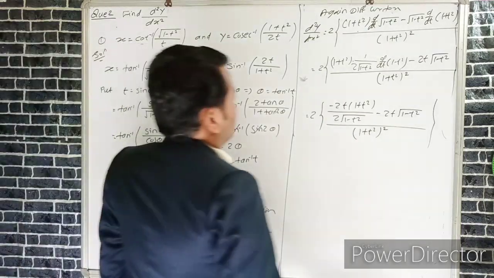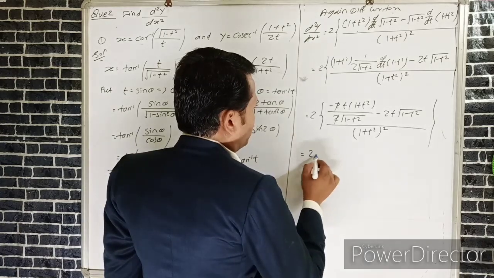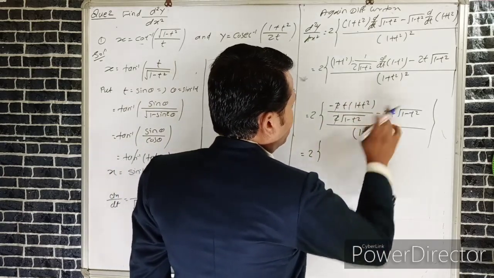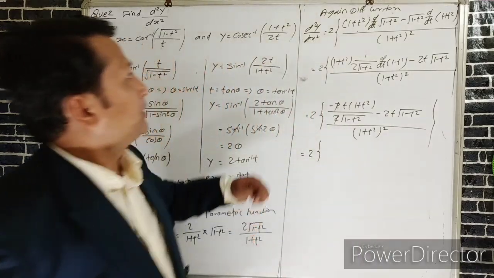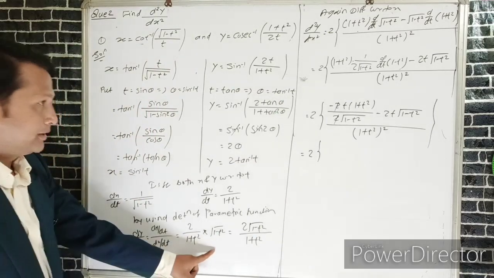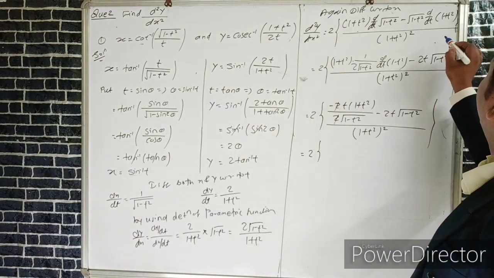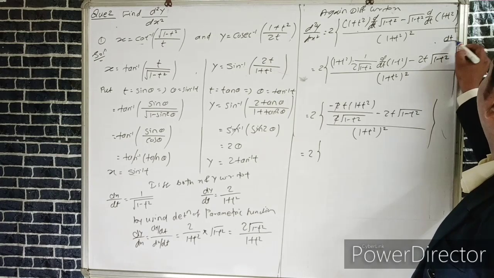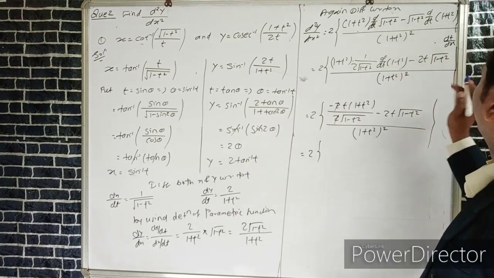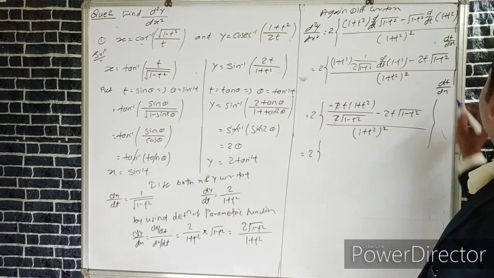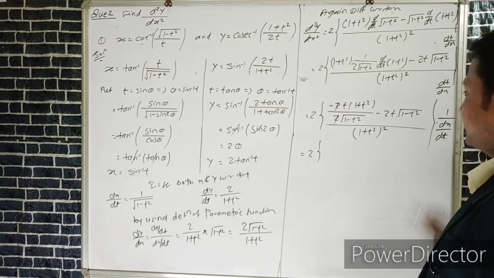Now, these two can be cancelled. We can write 2 into, if we take the cross product of these both, and here this function is in the form of t. Also, here we take the derivative dt upon dx. We adjust here dt upon dx, and this dt upon dx we can write as 1 upon dx upon dt.